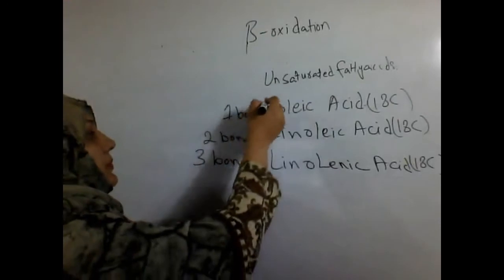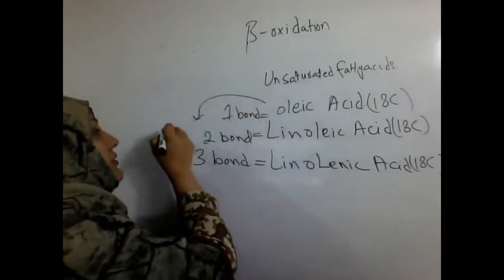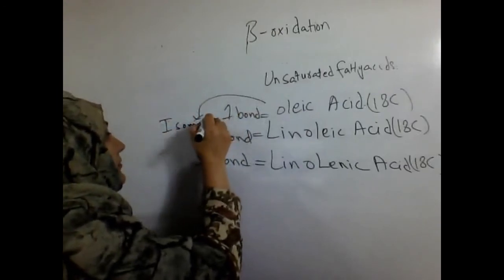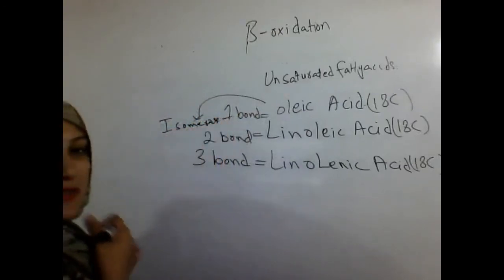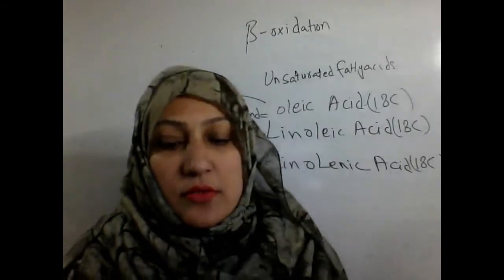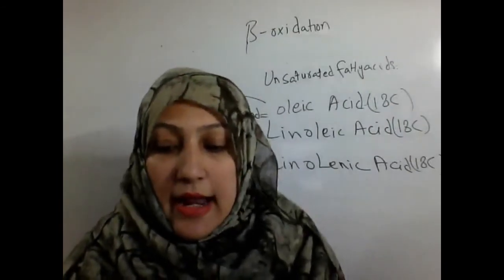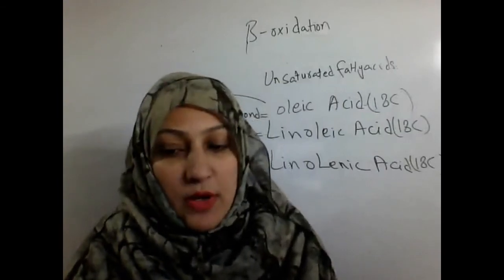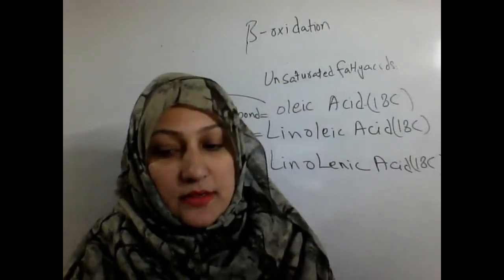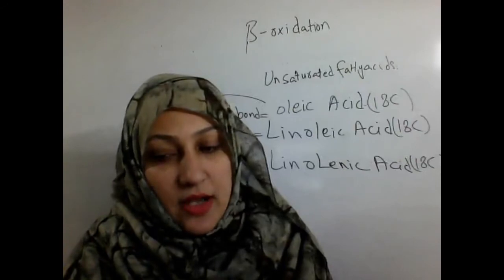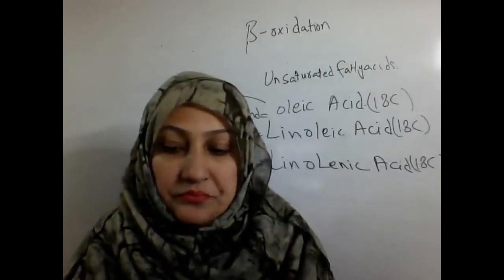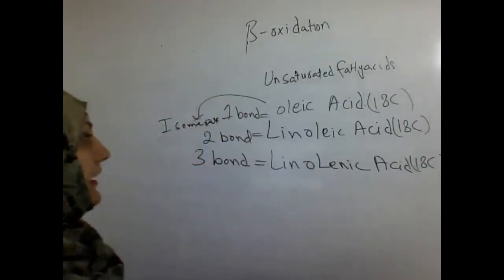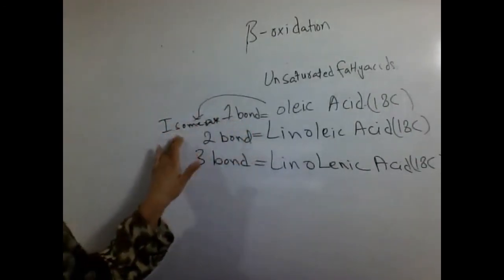For the breakage of this first double bond, we use the isomerase enzyme that converts this double bond into a single bond, and then the formed molecule is used as the substrate of the hydratase enzyme.